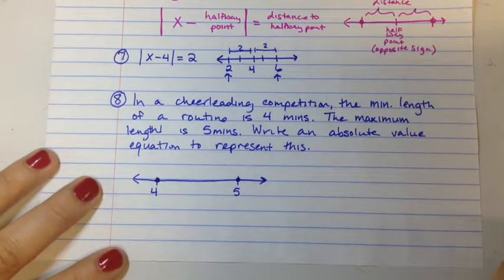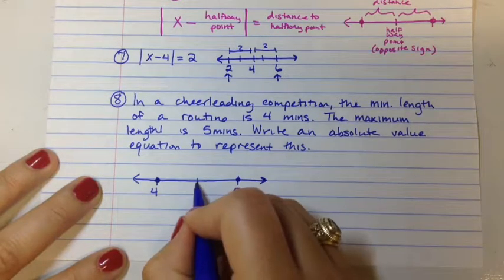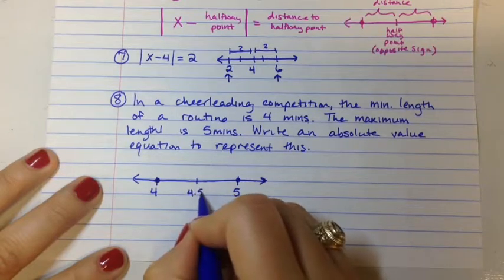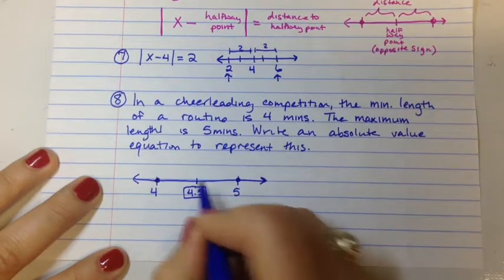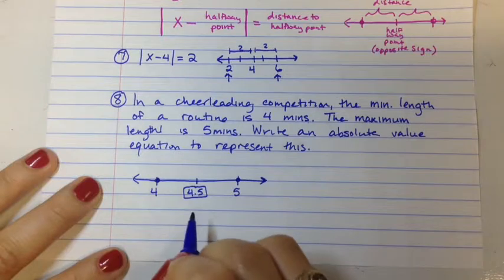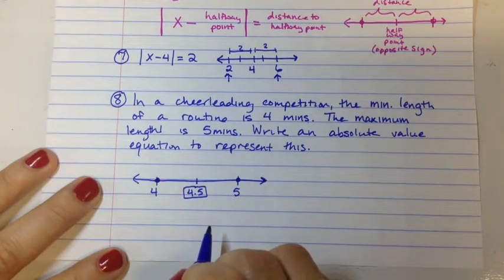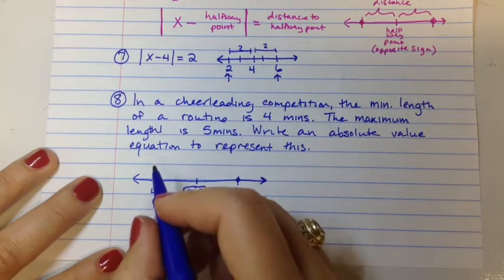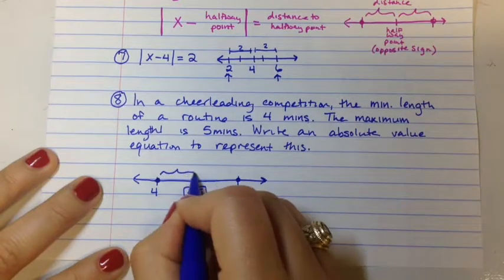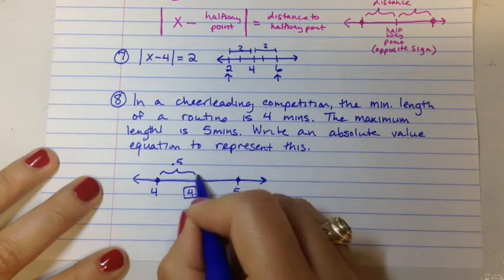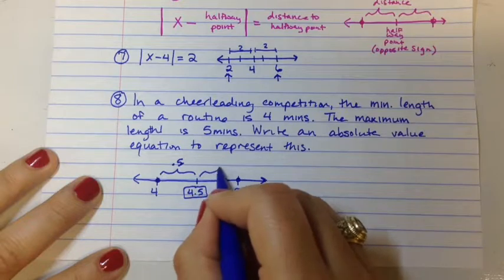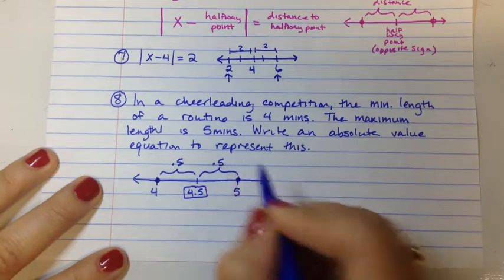What's the halfway point between 4 and 5? 4.5 is my halfway point. So what's the distance between my halfway point and my solutions? We only have to travel a half of a step, 0.5, to go from my halfway point to that maximum and minimum length.